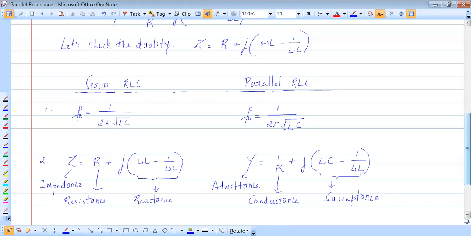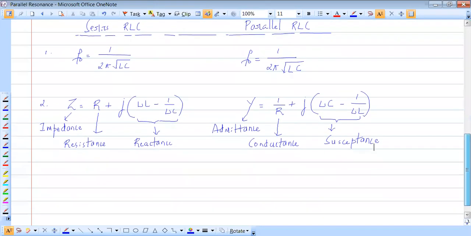Fine. Now next, we shall do another analysis based on duality only. Here, what was happening at resonance? Can you list one by one?